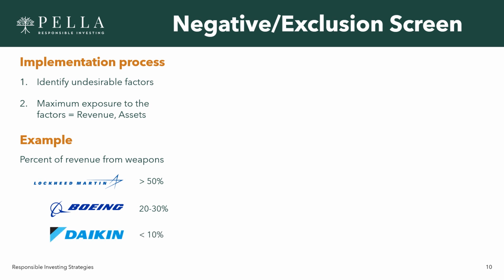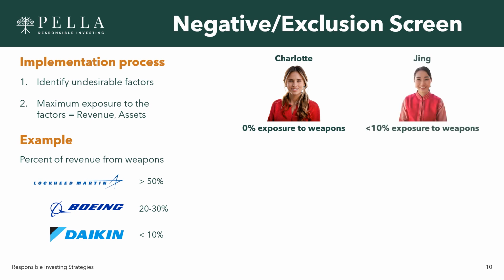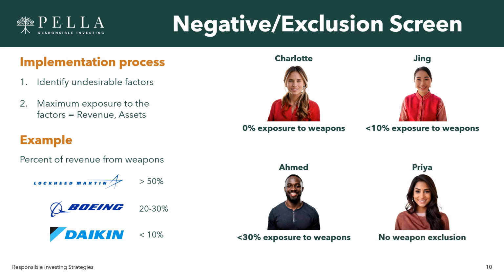Examples of investors with different threshold requirements for exposure to weapon manufacturing include Charlotte, who opts for zero exposure to weapons manufacturing; Jing, who sets her limit at companies earning more than 10% from weapons; Ahmed, who excludes companies earning more than 30% from weapons; Priya, who applies no exclusions related to weapons.